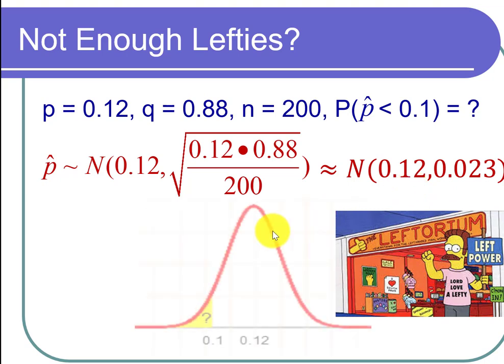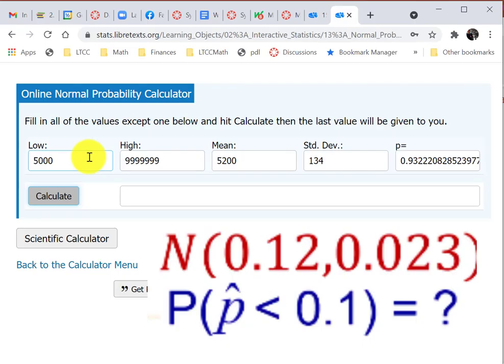We could draw a picture of this. Here's our 0.12, the center of this normal distribution. We want the probability that we're less than 0.1, so we fill in everything to the left of 0.1. Now I could use my calculator and come up with that area or that probability. So here's the calculator. I want the probability that we're less than 0.1. So the low is negative 9999999, whatever.